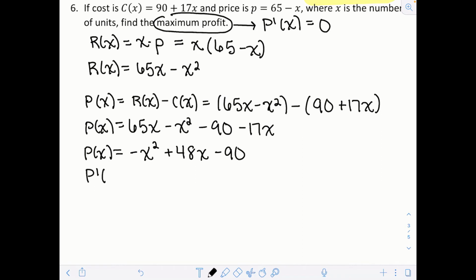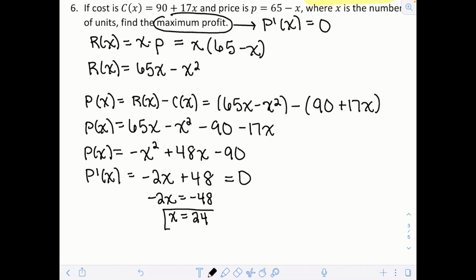So let's take the derivative and set it equal to 0. Here this tells us our critical number.